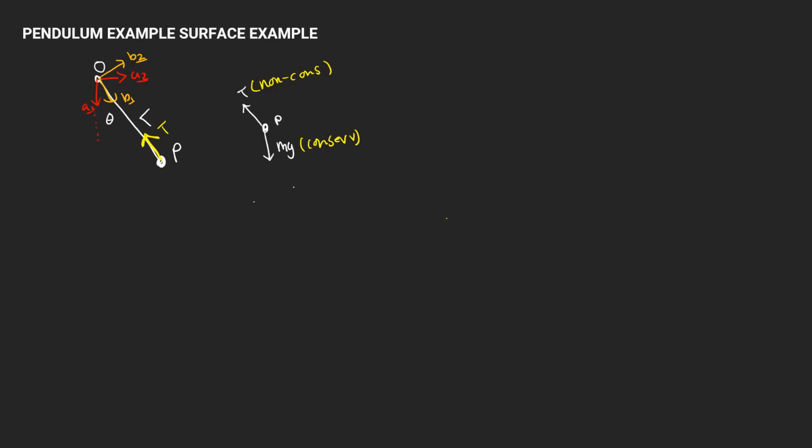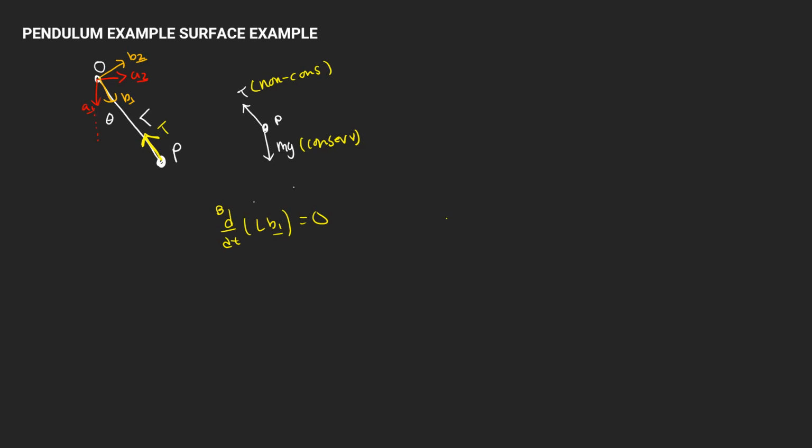I mean, you could even think of it as if I were to take the derivative, so if I were in the B frame of LB1, this is equal to 0, right? And so because there is no movement in that direction, that means that this non-conservative force T does no work.